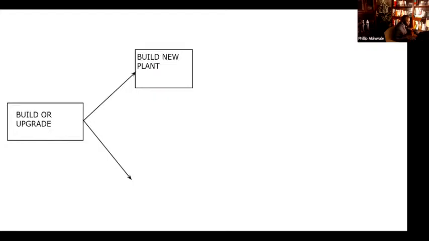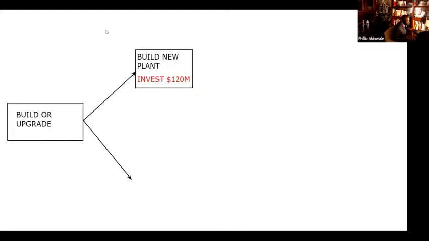The monies are important. So let's put that in red. Invest 120 million. In the same token, you could decide to upgrade the plant, but we will come back to that later on. Let's just focus on what happens if we build a new plant.